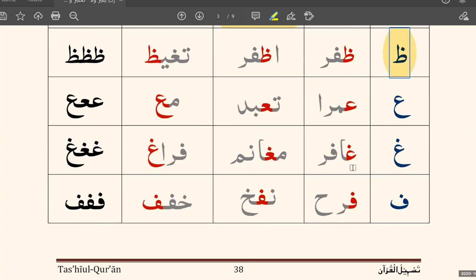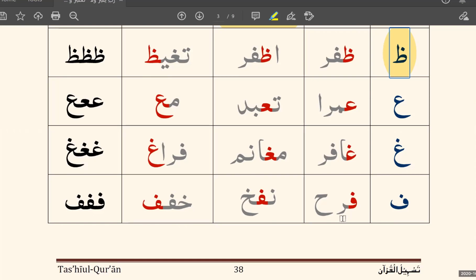Gha. Ghain. Alif. Fa. Ra. Mim. Ha. Ghain. Shabash. Noon. Mim. Well done. Fa. Ra. Alif. Gain. Okay. And last line as well.